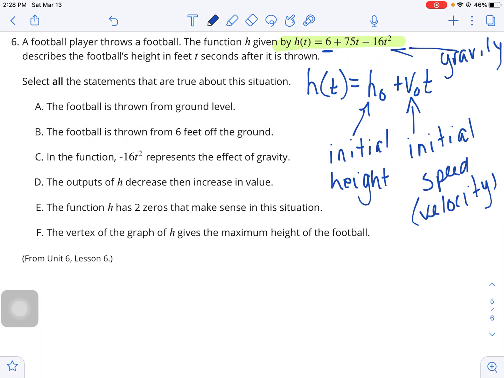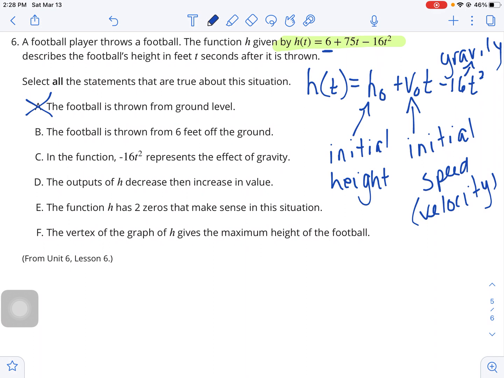Plus, I guess I should fill out this. So it's minus 16t squared, and that right there is gravity. So the ball is thrown from ground level. This would be a no.